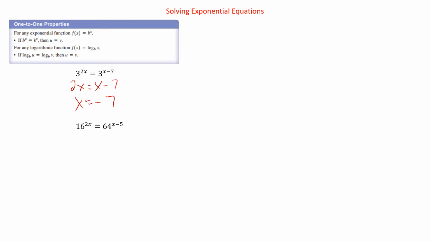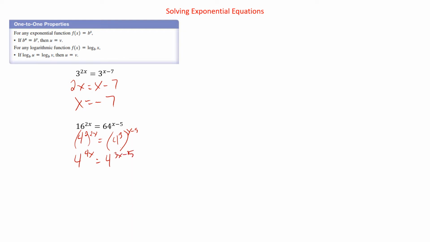16 is 4 squared, so that's 4 squared to the 2x equals 64 is 4 cubed to the x minus 5. We have powers of powers, so we can multiply those. So this will be 4 to the 4x, and this will be 4 to the 3x minus 15.